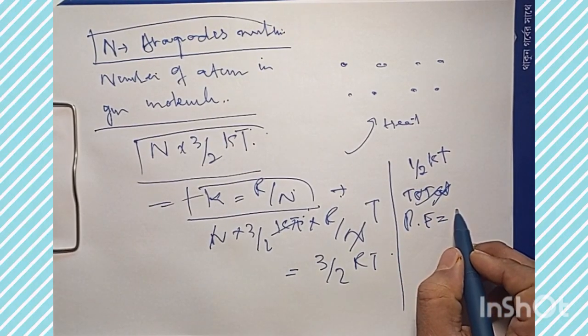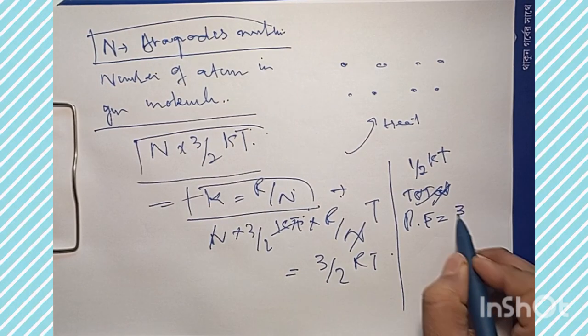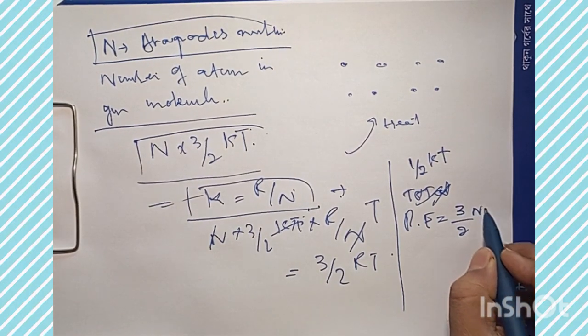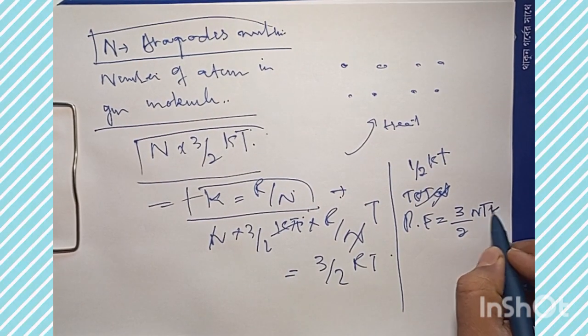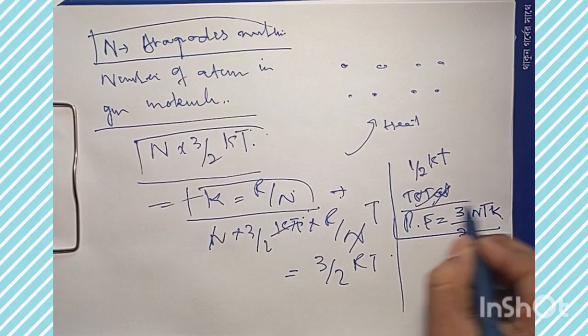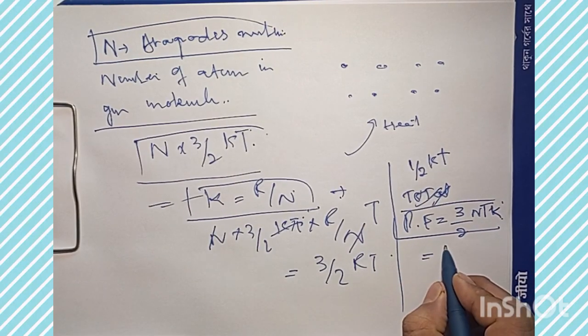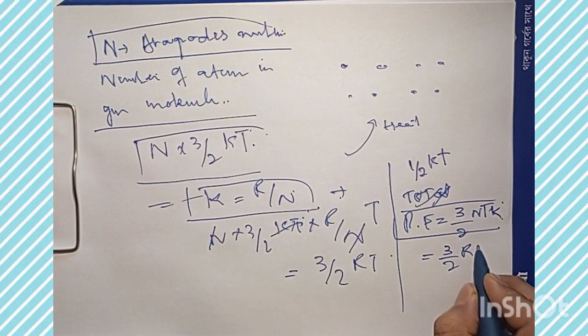That potential energy would be 3 by 2 NkT, equal to 3 by 2 RT.